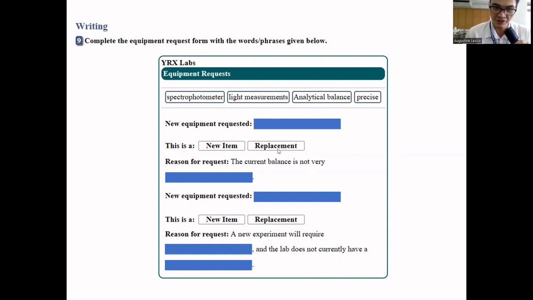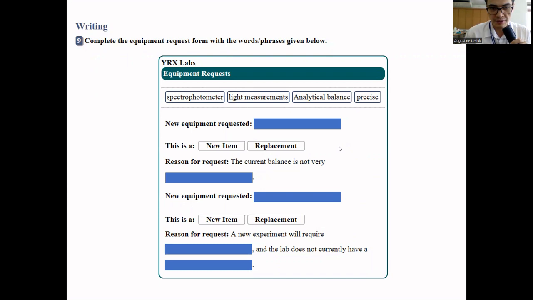So after you fill in the blanks, you circle whether or not the equipment requested is a new item or a replacement. So I want you guys to pause this video, try it out yourselves first, and when you're done, resume the video and we'll go through the answers together.